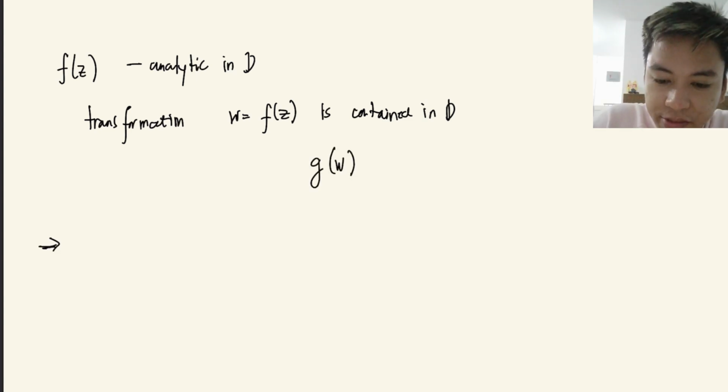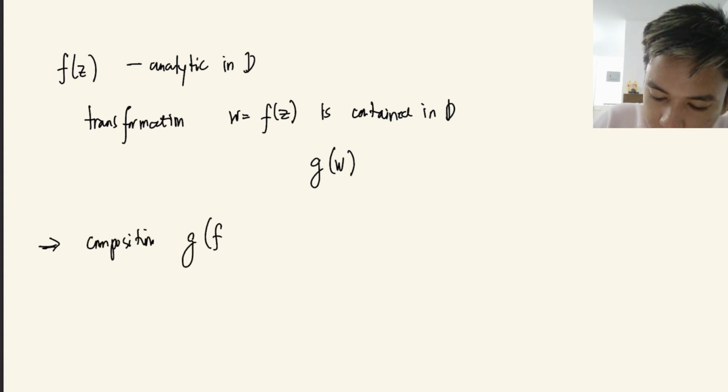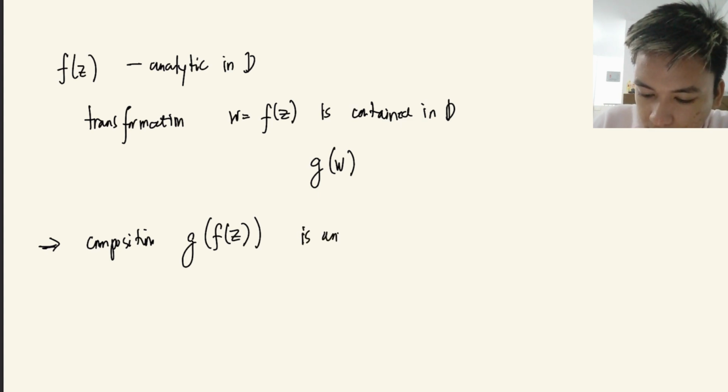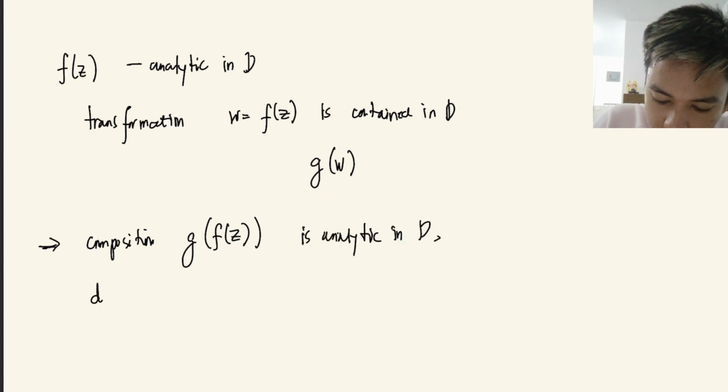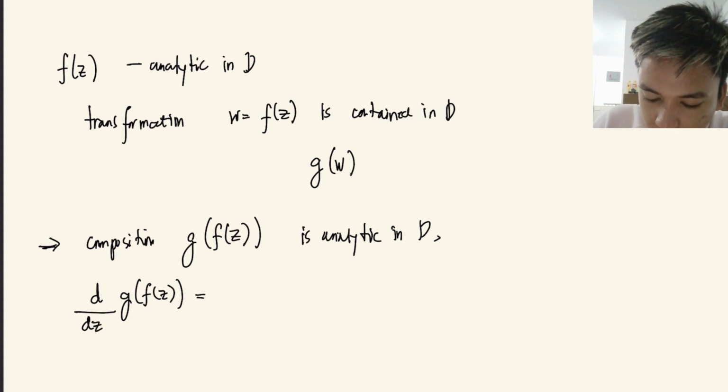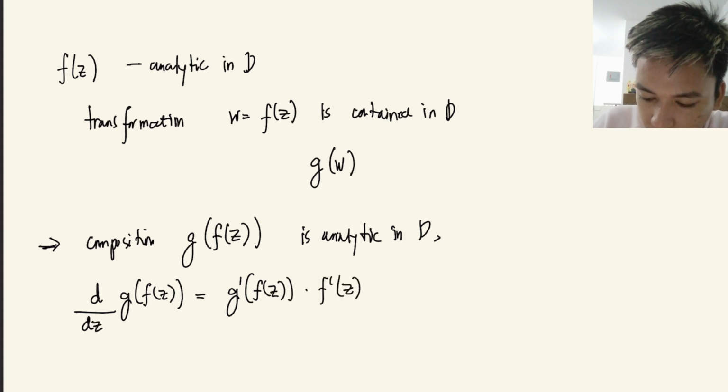The implication is that the composition g of f of z is analytic in D. In fact, the derivative of g of f of z with respect to z is equal to g prime of f of z times f prime of z. That's it.